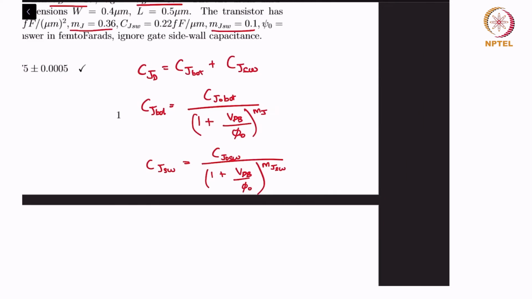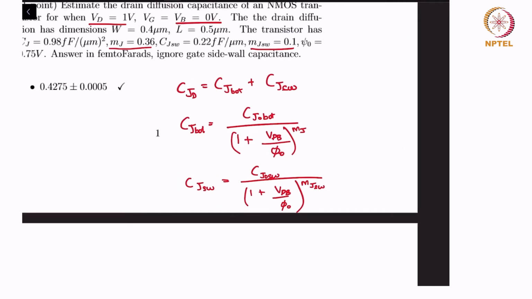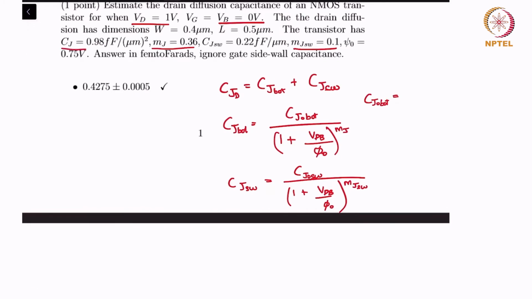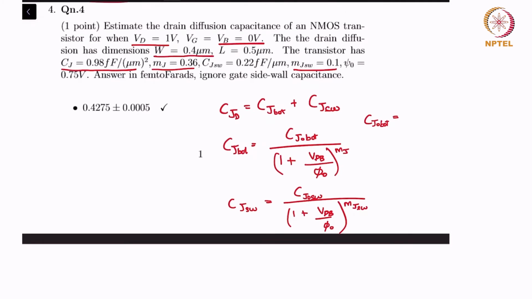So yeah, these, and of course Cj naught bottom is equal to the bottom capacitance per unit area times the W into L, right? And that is Cj, the given value, Cj into W into L, which are given here.